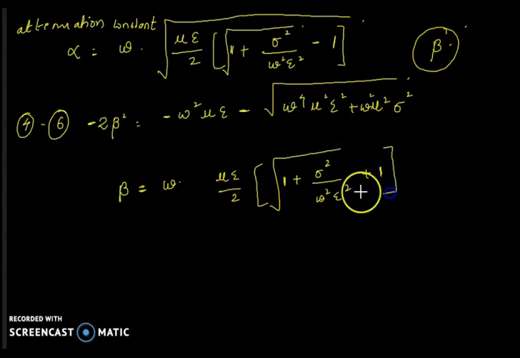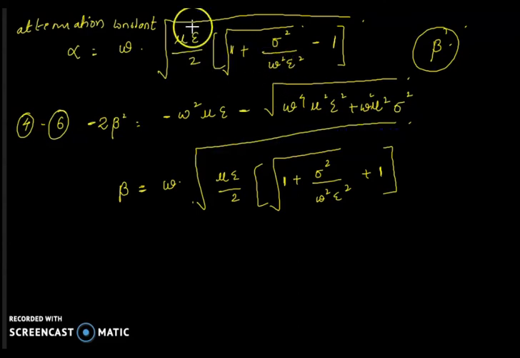So close this bracket and let us go to the square root. Now if you look at alpha and beta, the only difference is this one. If you know the mathematical expression of alpha, it is very easy to recall beta. Just replace the minus 1 with plus 1.